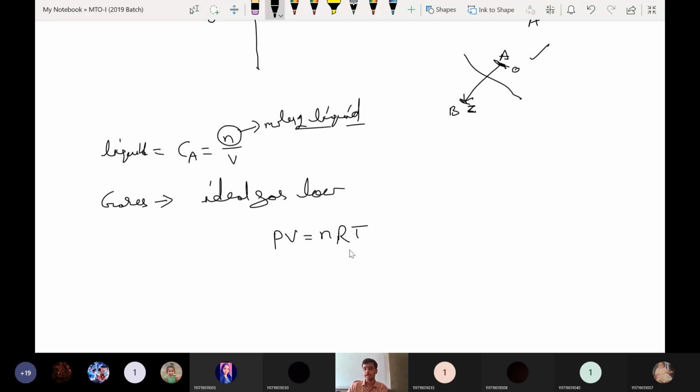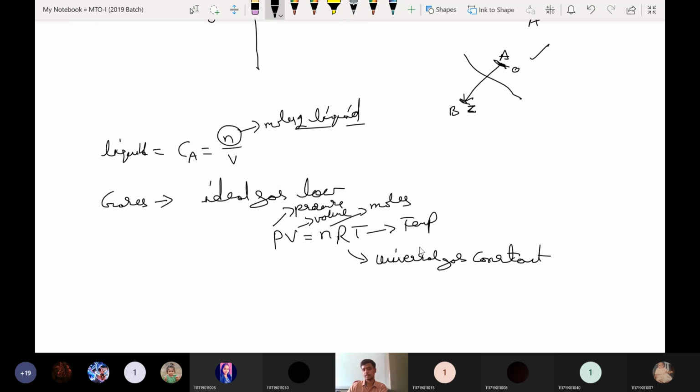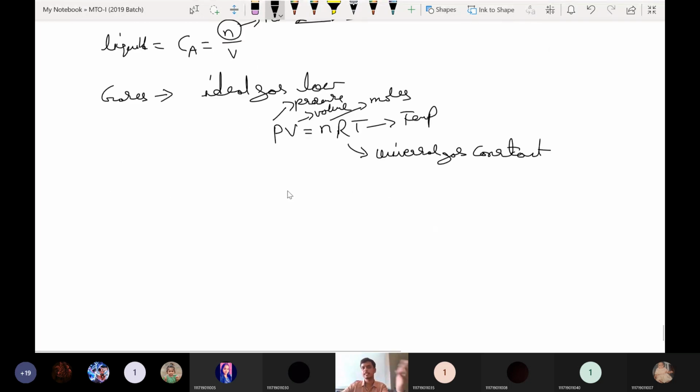P is pressure, V is volume, n is the moles, T is temperature, and R is the universal gas constant. This ideal gas law equation is very much valid for gases.